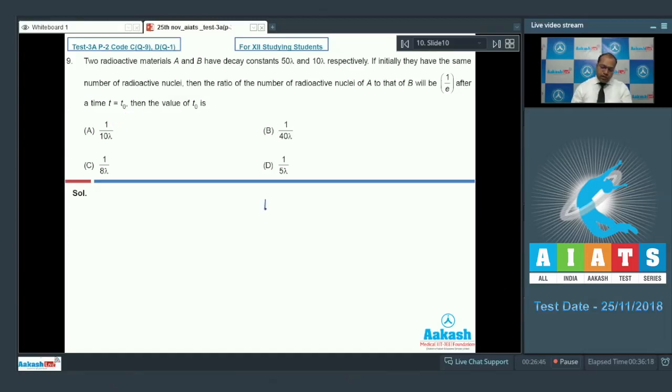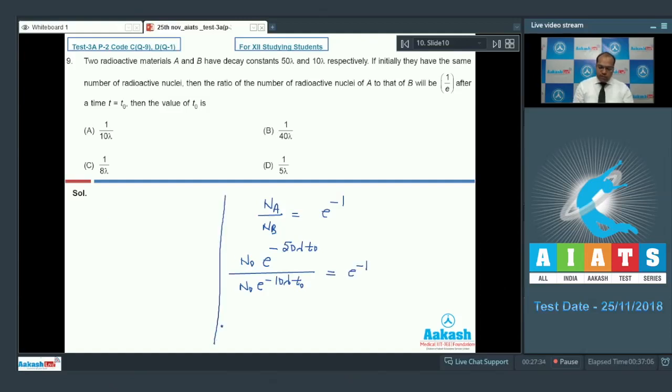It is given in the question that Na divided by Nb, that is the ratio of the number of radioactive nuclei at time t0, is equal to e raised to the power minus 1. So Na at any time t0 can be written as n0 into e raised to the power minus 50 lambda t0, divided by Nb at any time t0, which can be written as n0 into e raised to the power minus 10 lambda t0, is equal to e raised to the power minus 1.